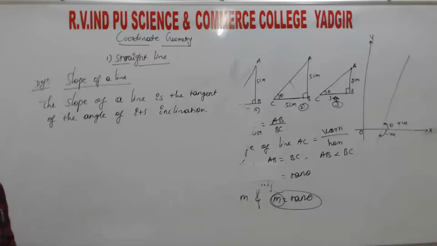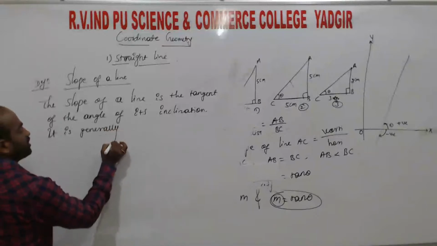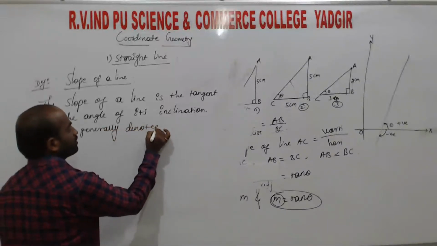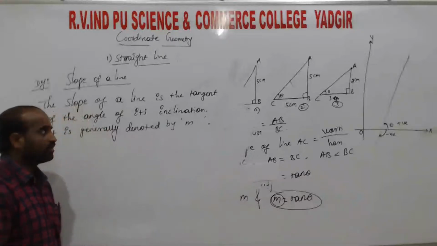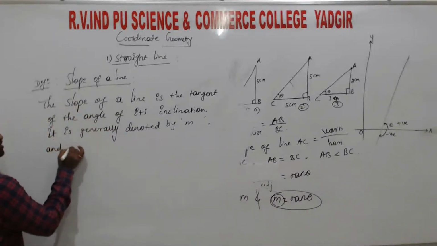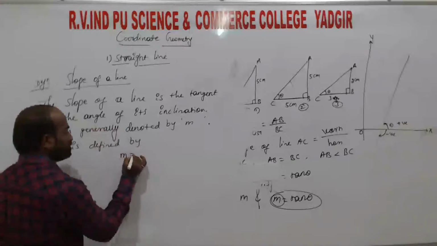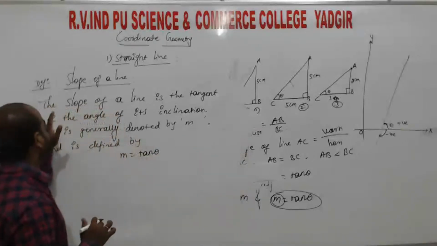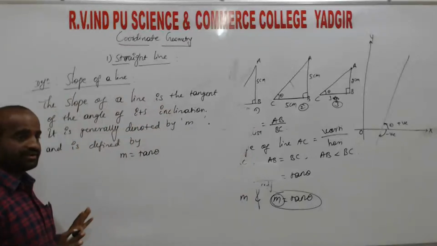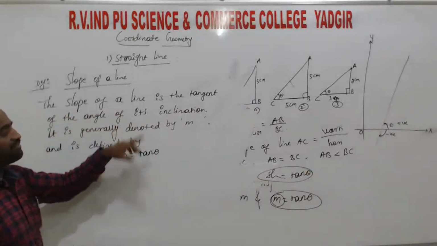Already the definition is there: the slope of a line is the tangent, tan theta, of the angle of its inclination.